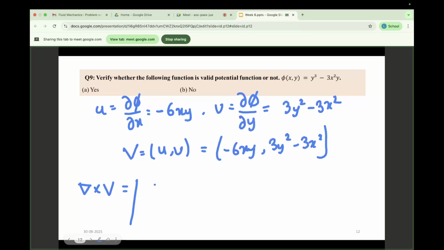You know how to find this, yes or no? As it is in two directions, this basically is i cap, j cap, right? And in this, i cap, what is there? It should be d/dx and d/dy, and here it should be minus 6xy, 3y square minus 3x square, right? Yes or no?